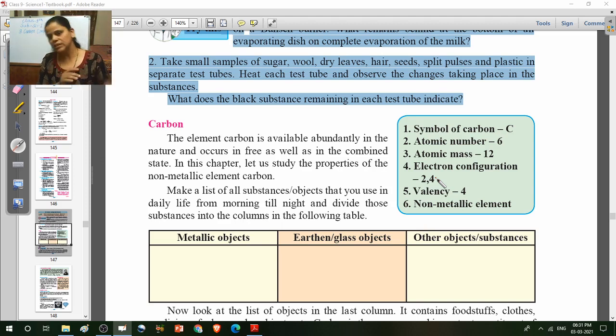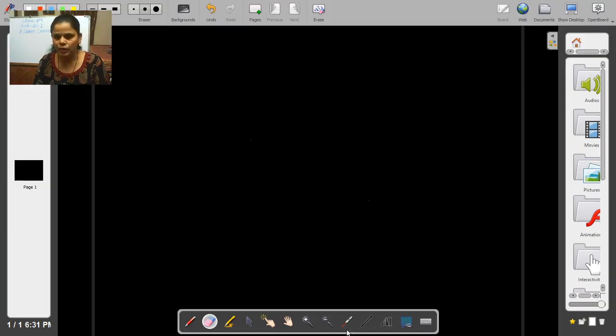Here, students, what is valency? Valency is the combining capacity of any atom. Combining capacity means, just see here, let's see oxygen. The atomic number of oxygen is 8.